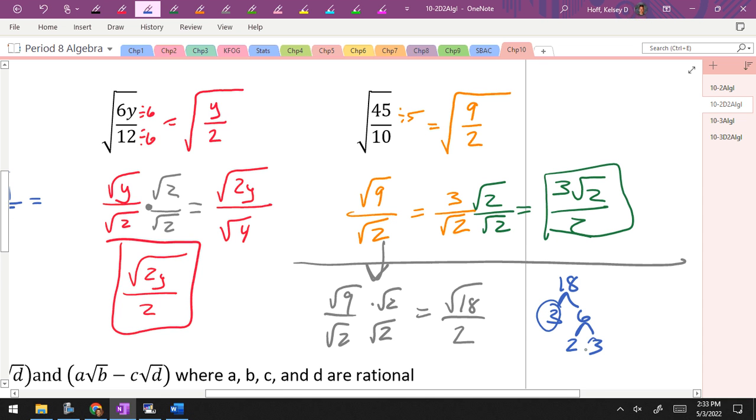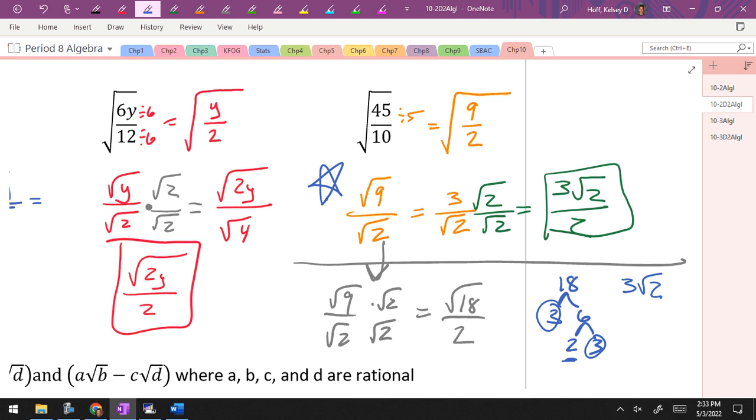You have 2 3s, you write it down one time outside, and you have that square root of 2. This is why as you go, anything you can simplify, I think we all agree the one on the top seems like less work. Anything you can simplify along the way is going to make your life that much easier.